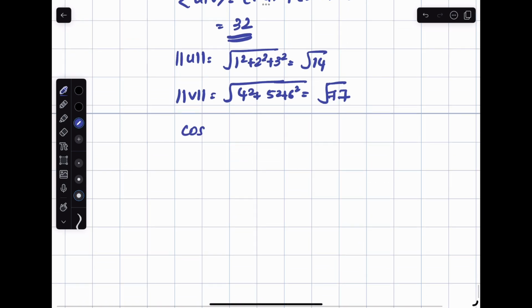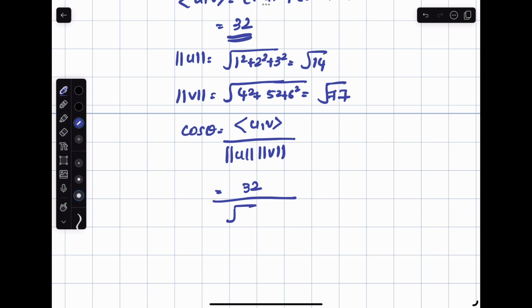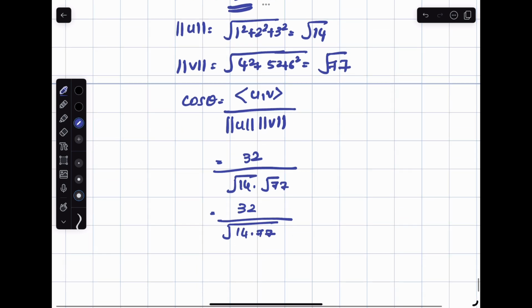Now directly apply the formula. Cos theta is equal to the inner product of u comma v divided by magnitude of u into magnitude of v. So the inner product is 32 divided by root of 14 into root of 77. We can multiply the roots, right? So 14 into 77 gives root of 1078, so 32 divided by root of 1078.